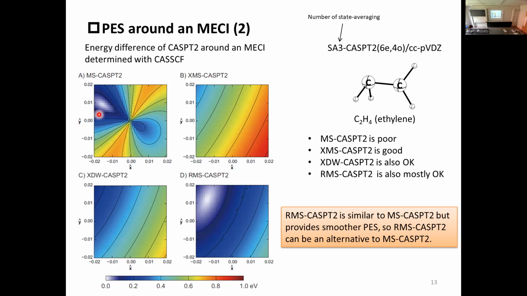And notably, this is a crossing point at the CASSCF level, and we can say that MS-CASPT2 and RMS-CASPT2 are very similar, but RMS-CASPT2 gives much smoother potential energy surfaces. So if you want to do MS-CASPT2 calculations, I think we should use RMS-CASPT2 as an alternative.